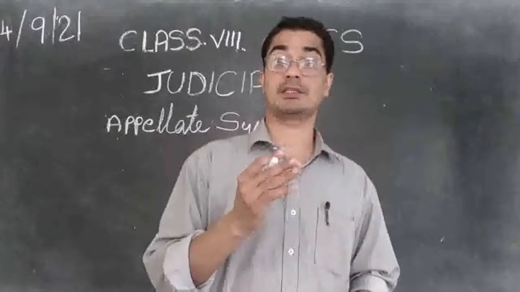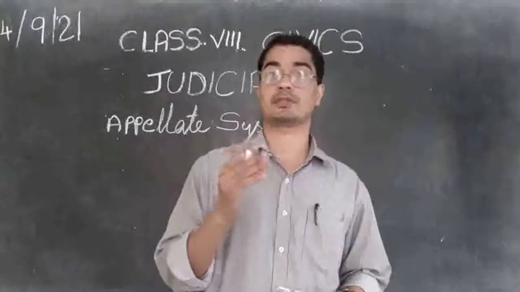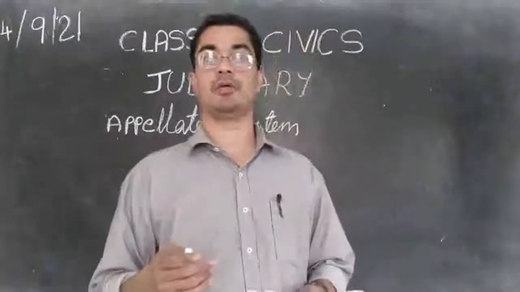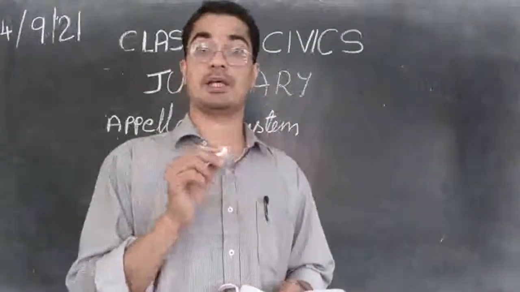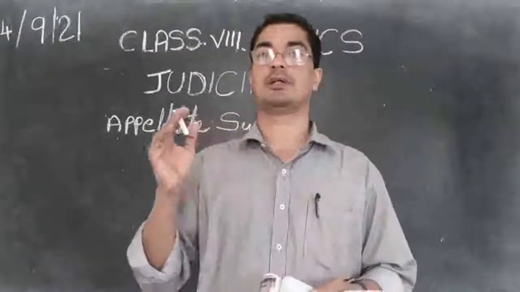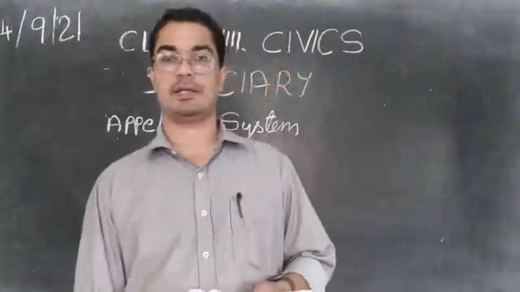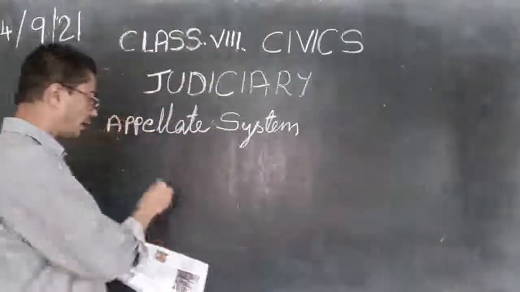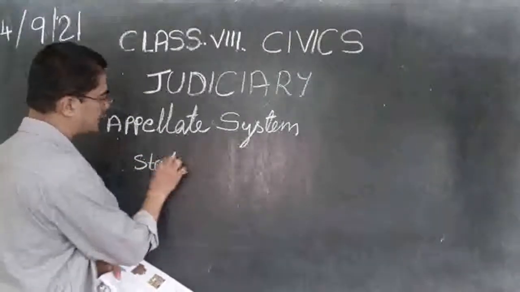Your name will not be in the case; it will be written as State versus the person against whom you are fighting. So the affected person is represented by the state.